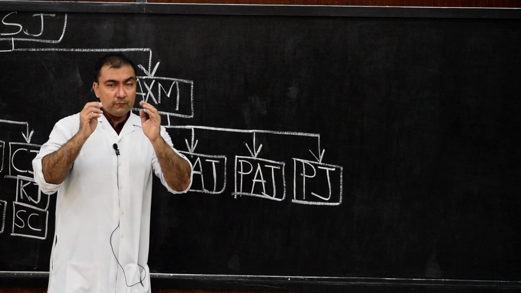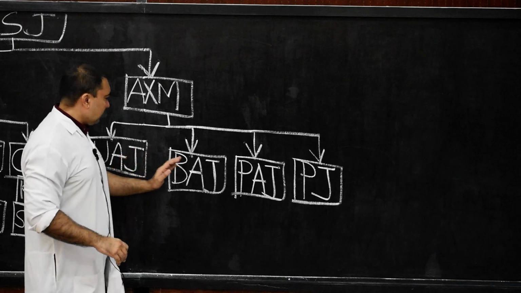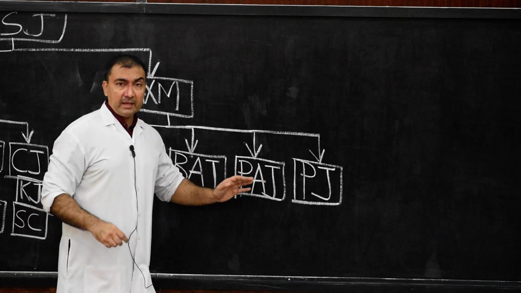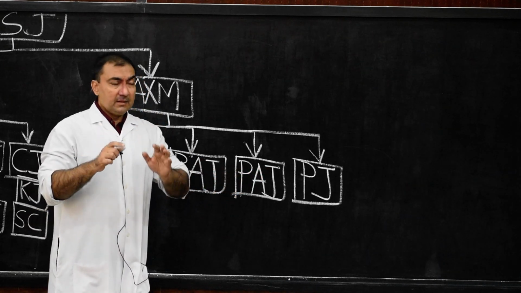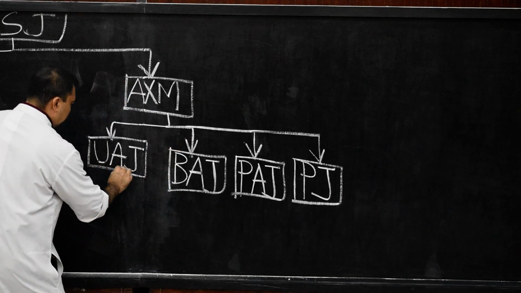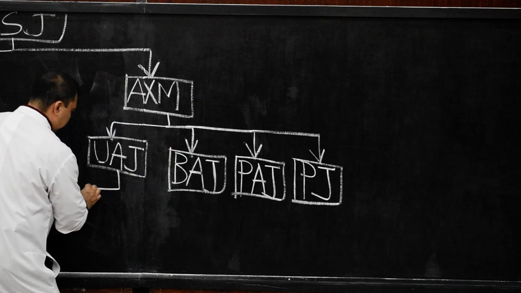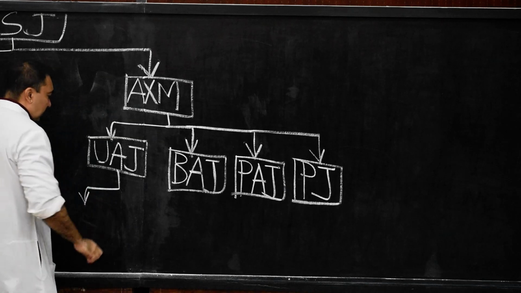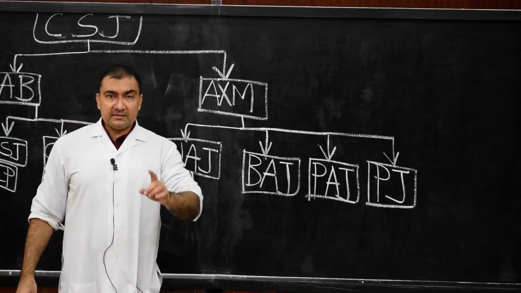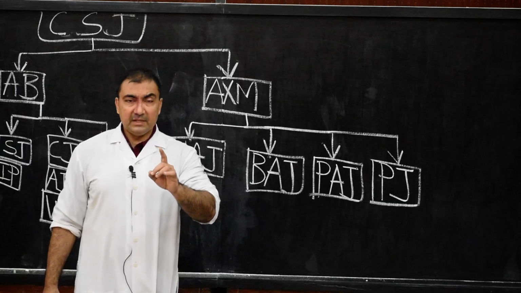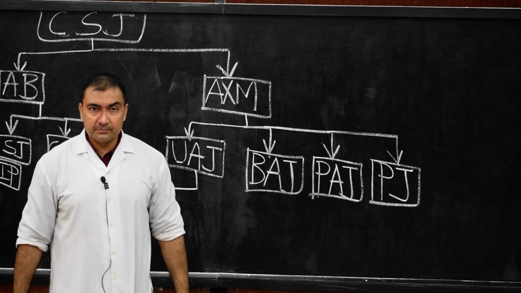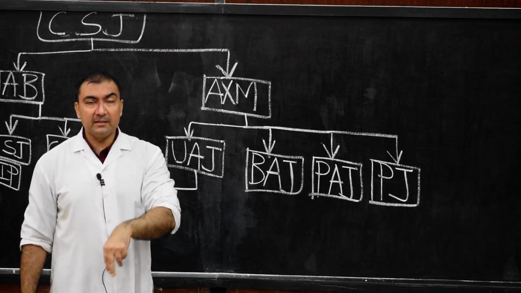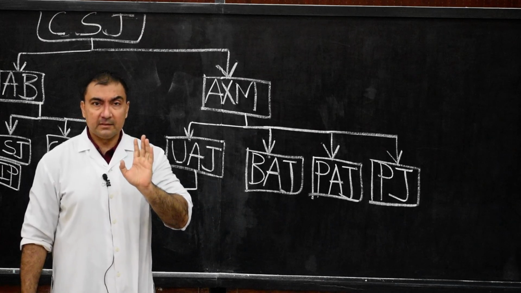Now, very important, each of uniaxial, biaxial, polyaxial, we have to classify. So first, let us classify the uniaxial joint. Uniaxial joint means single axis. They will move around the transverse axis or around the vertical axis, but only one axis is there.